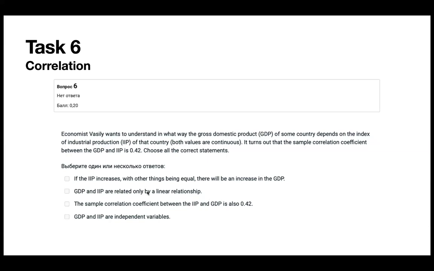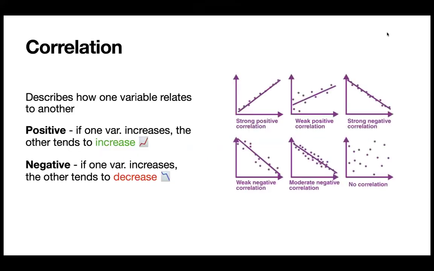Let's take a look at the second statement. GDP and IIP are related only by a linear relationship. Let me think about it a bit. Well, their relationship is not linear, so it's something like that.